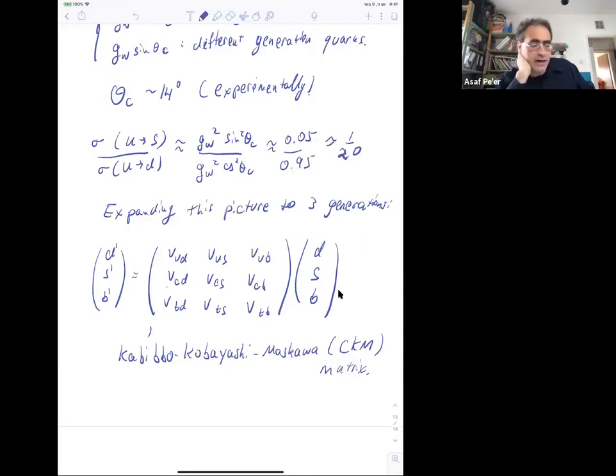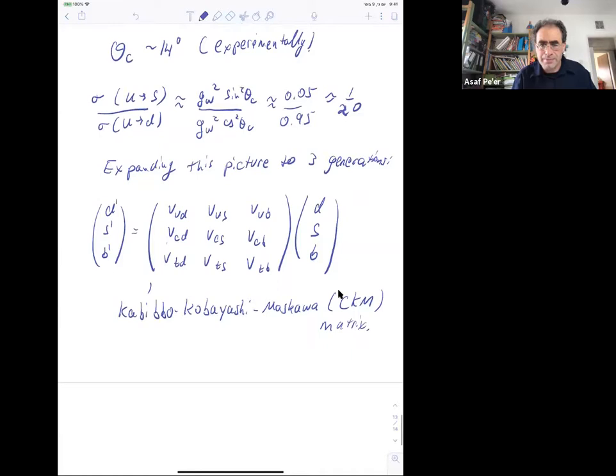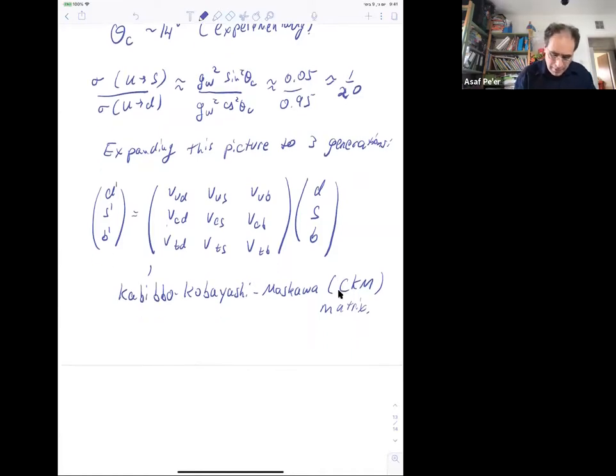So the V_ij, these are really complex constants that are not determined by the standard model. There is nothing in the standard model that tells what the values of these V's are.